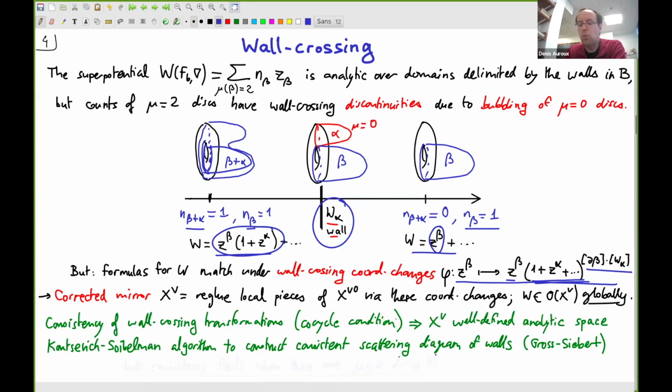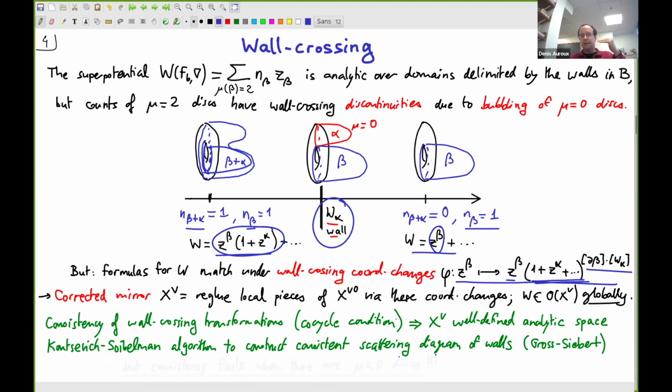So one of the tenets of mirror symmetry for log Calabi–Yau's is that there are all these possible walls that can happen in different places, and these walls should satisfy a cocycle condition. I think this was first articulated very carefully by Kontsevich and Soibelman.